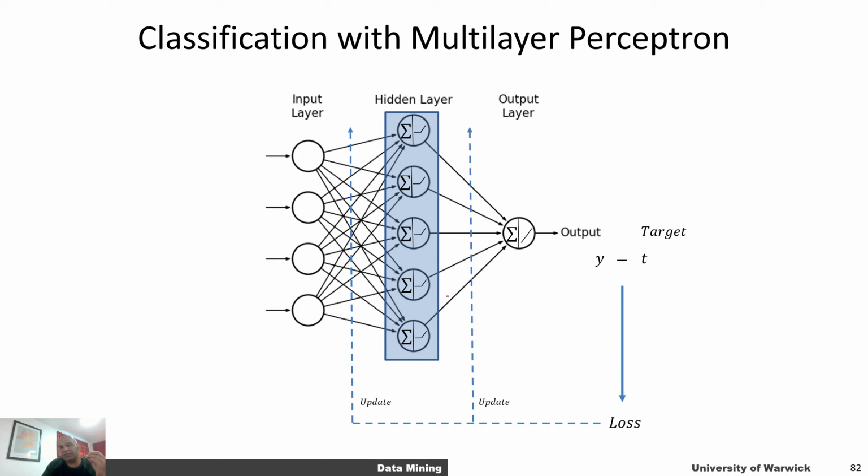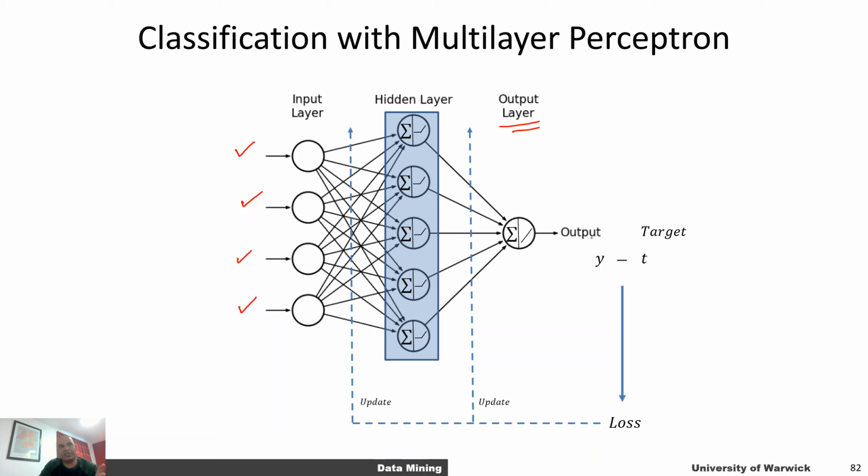We know that we can achieve classification when we have a multi-layer perceptron. So you feed all your input features, let's say for a given example, and those are then passed on to the next hidden layer and the next hidden layer until an output is produced.